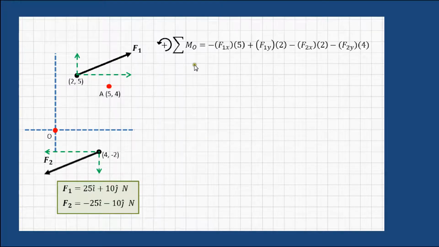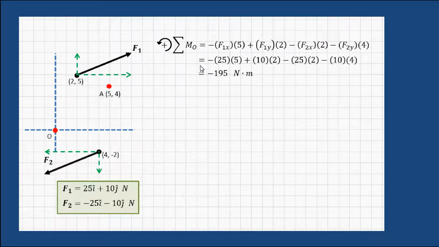So of these four components, only F1y acting at a moment arm of 2 is the only one that's causing a positive moment. So we put in the values for the respective components, and we find out that the total moment about point O is negative 195 Newton meters.